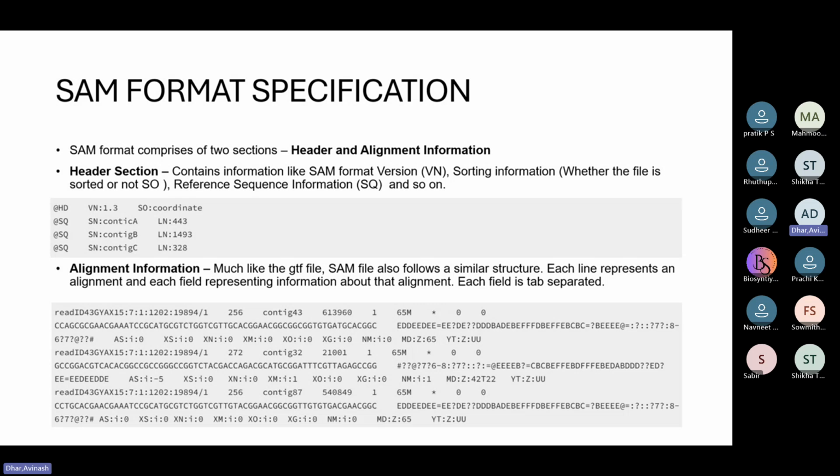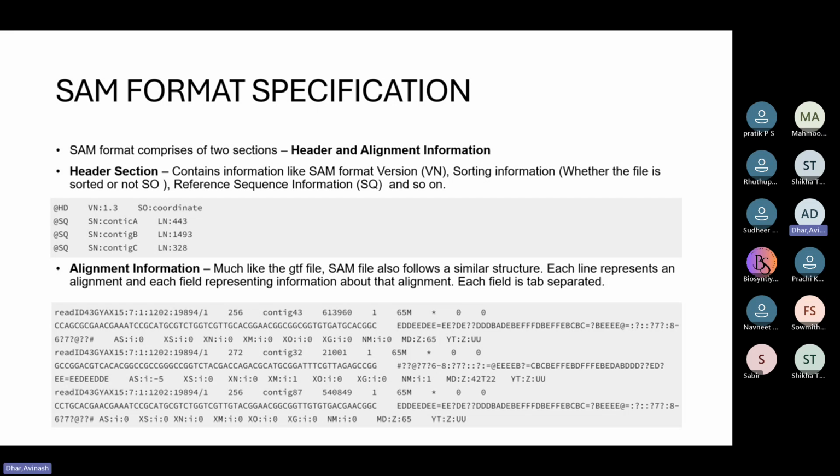But if I remember correctly, the one standard is that a value of 255 means you don't have an assigned quality score to your alignment. Other than that, the rule of thumb is, the higher the quality score, the better the quality of alignment.